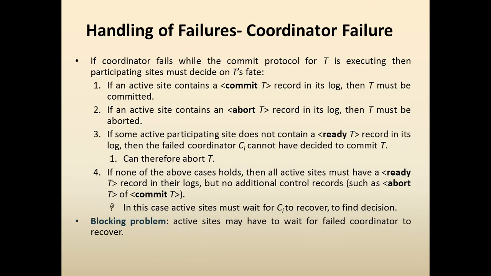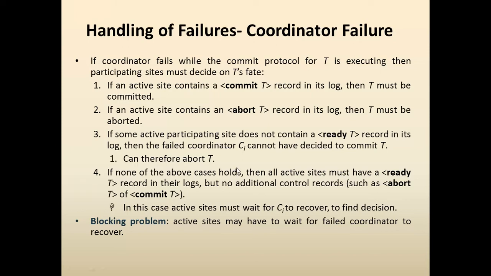Now come to the handling of failures, coordinator failure. If the coordinator fails while the commit protocol for T is executing, then the participating sites must decide on T's fate. If an active site contains a commit T record in its log, then T must be committed.